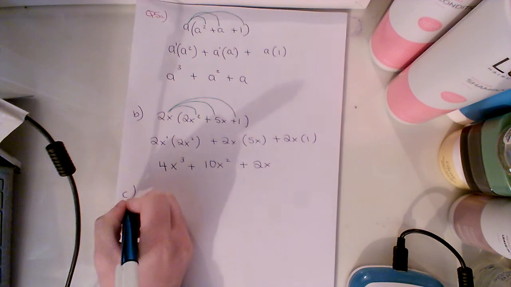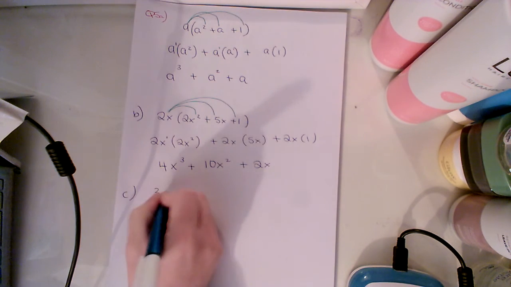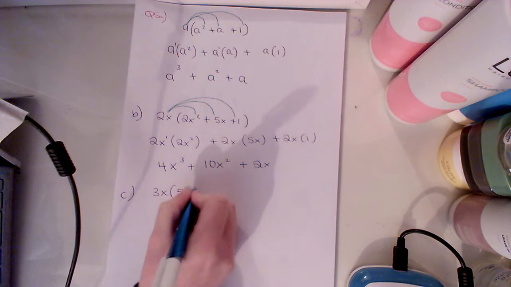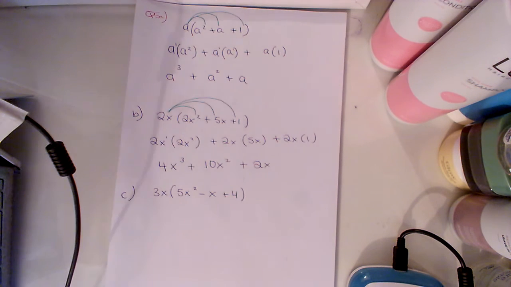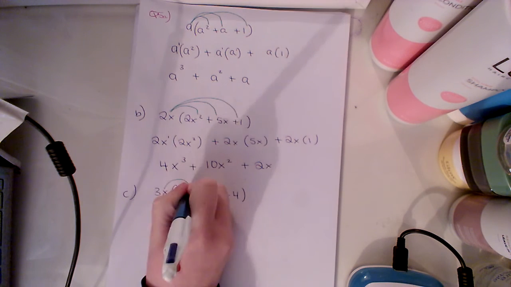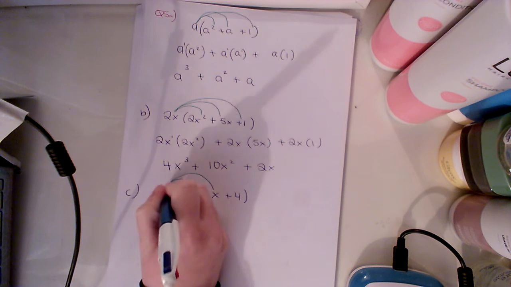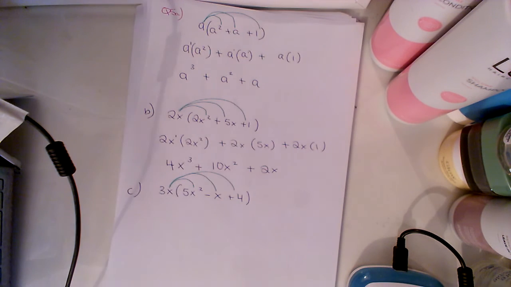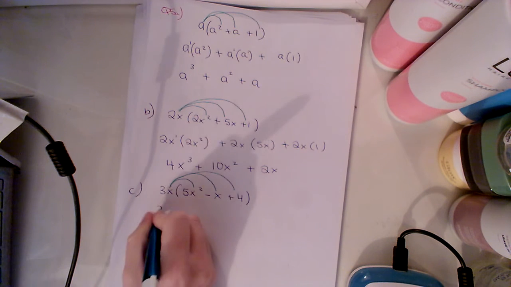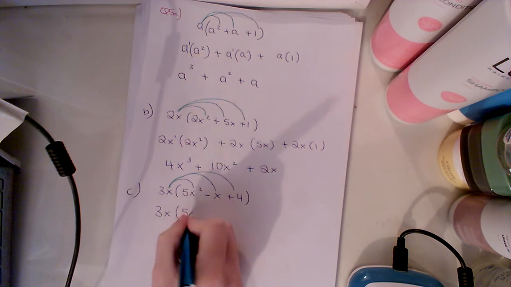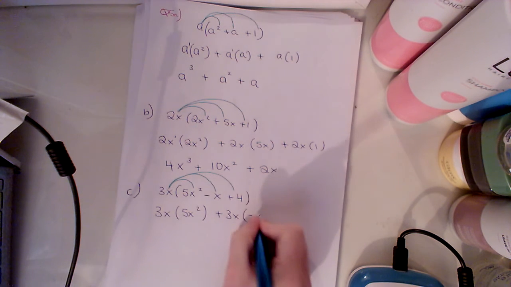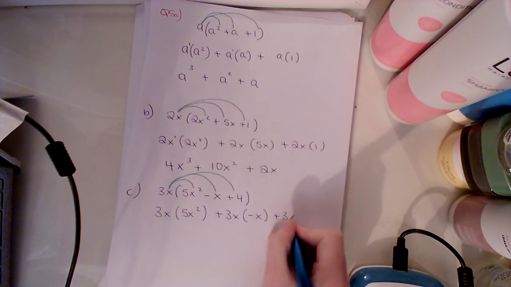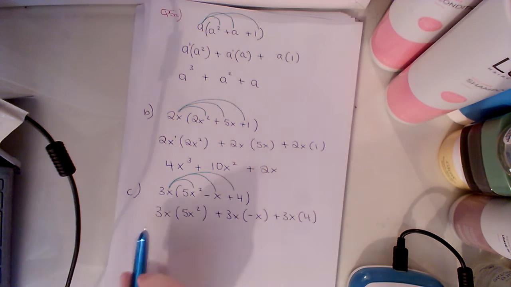C then, I have 3x(5x² − x + 4). So I'm drawing my arrows like this, this to this, this to this, this to this, and I write down 3x(5x²) + 3x(−x) + 3x(4).